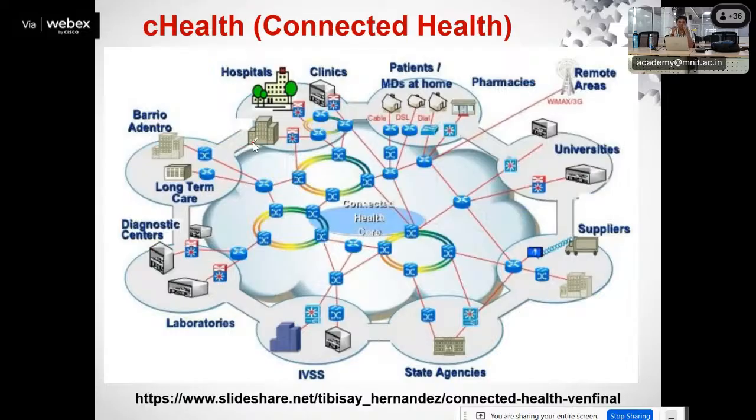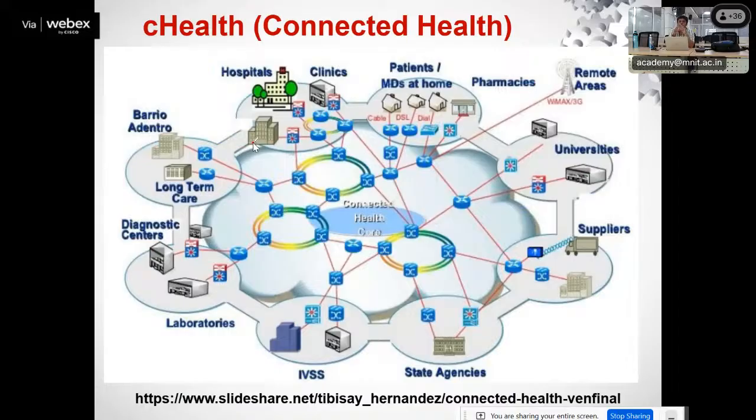Whatever report is generated by the laboratory is also easily available to the doctor. The doctor can easily view it and provide me the medicine. The medicine is also available at my cloud, and I will just visit the medical shop and they will provide me the medicine.